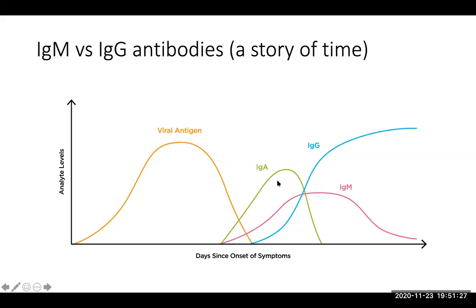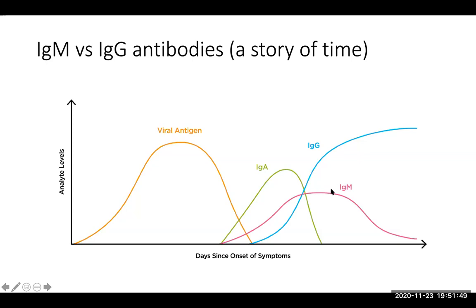And so you'll notice that the IgA and the IgM are kind of short-lived, and the IgG, which takes longer for your body to produce, will eventually get produced to a much greater amount than the first ones on scene.